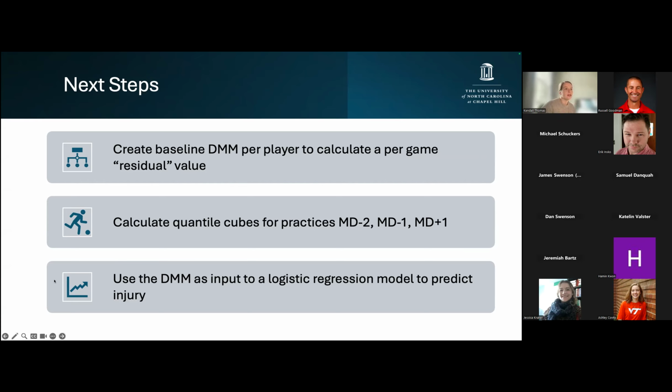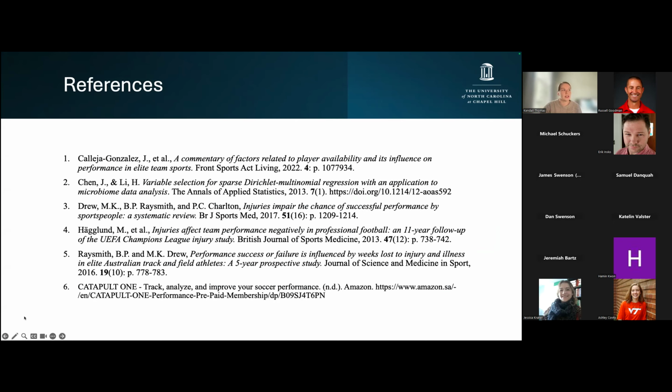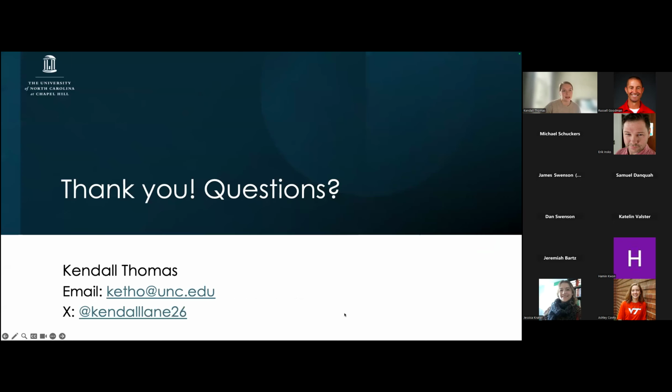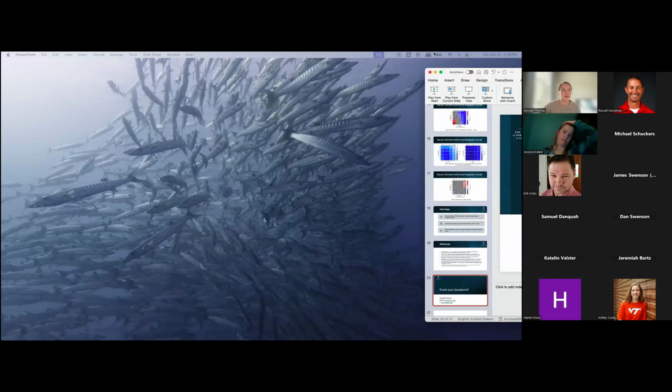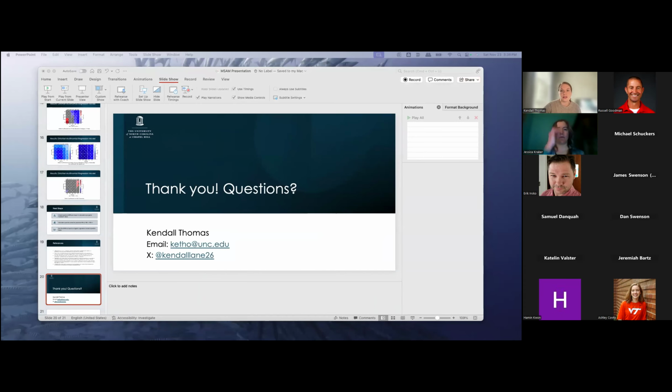And then lastly, we can use our DMM output in a logistic regression model in order to predict injury. So I realize I threw a lot at you, but if you have any questions, let me know. I can also answer questions another time.